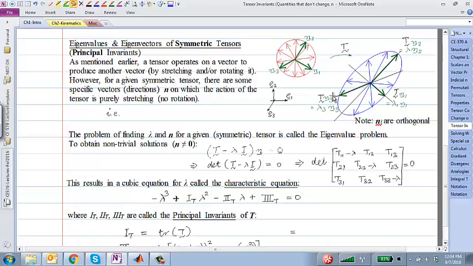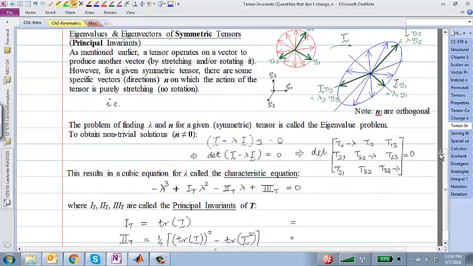vector. So for these three particular directions, there is no change in the direction, which means I can write that operation as T acting on a particular direction vector n is equal to the same direction vector n scaled by some scalar lambda.